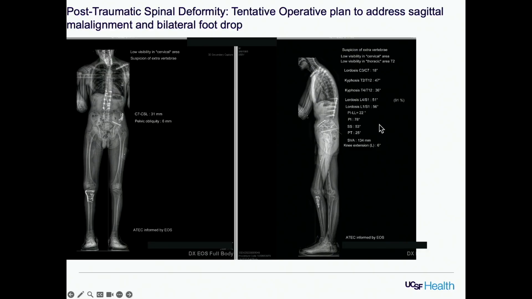But this is someone that we're probably going to plan T9 to pelvis to help with his sagittal alignment. And I think, intraoperatively, knowing what he was before, he does have a little bit of coronal deformity in the upper cervicothoracic. So when we fixated that area, we may have given him a little bit of iatrogenic coronal curve at the top.